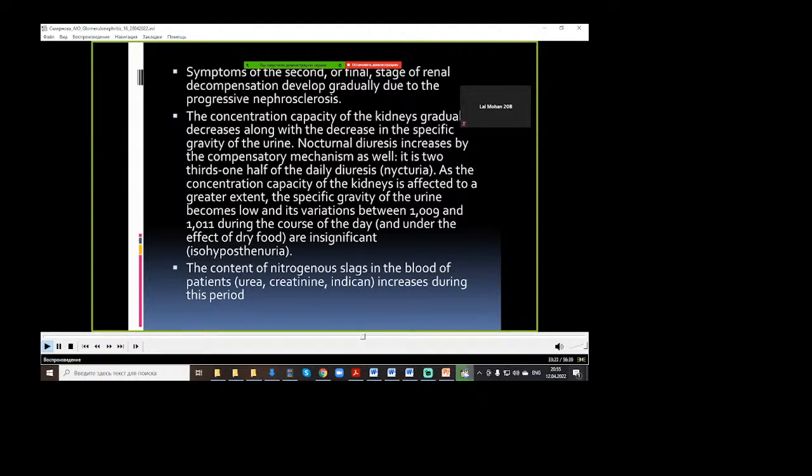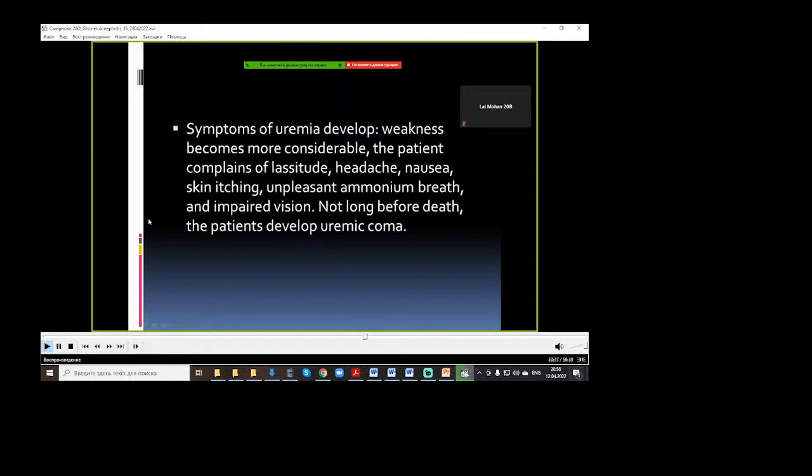And lastly, the content of nitrogenous slags in the blood of patients, such as urea, creatinine, and indican, increases during this period. Symptoms of uremia may develop, such as weakness. The patient complains of lassitude, headache, nausea, skin itching, unpleasant ammonia breath, and impaired vision. Not long before death, the patients develop uremic coma.